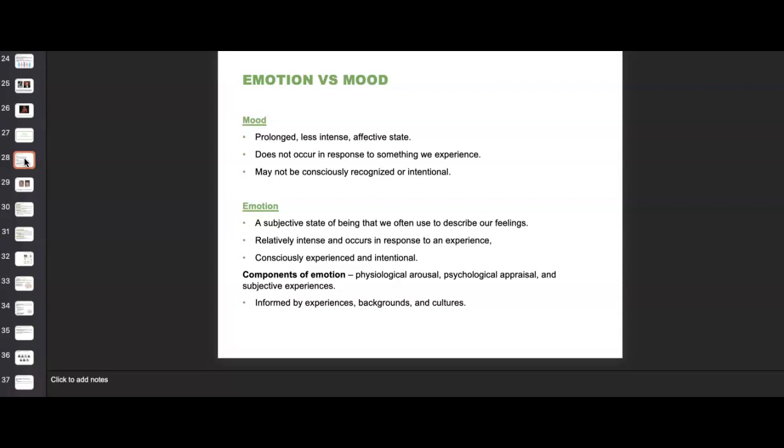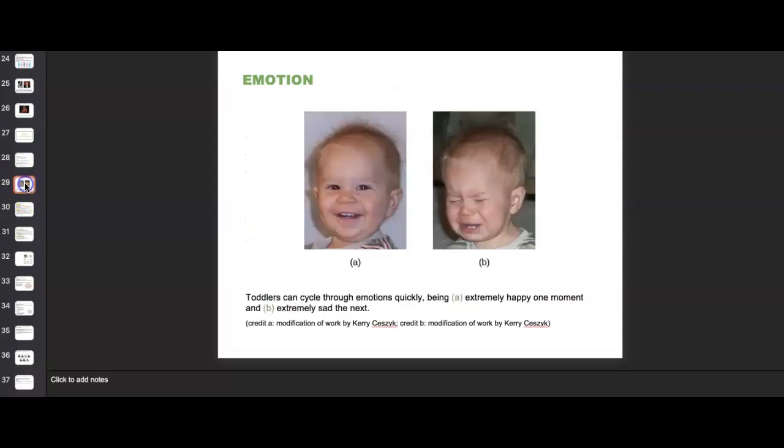Some of the components of emotion are our physiological arousal, our psychological appraisal, and our subjective experiences. It's informed by experiences, backgrounds, and cultures. If you look at this picture of these two toddlers, you can clearly see that toddlers can cycle through emotions very quickly, being A, extremely happy one moment, and B, extremely sad the next.